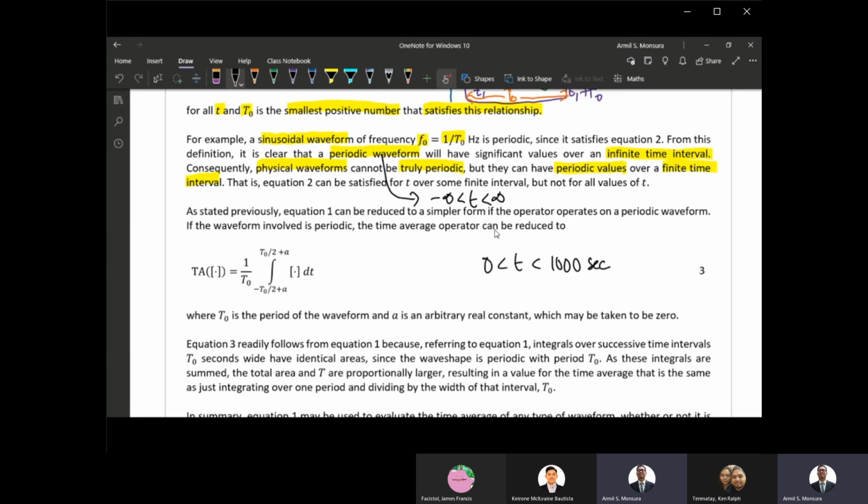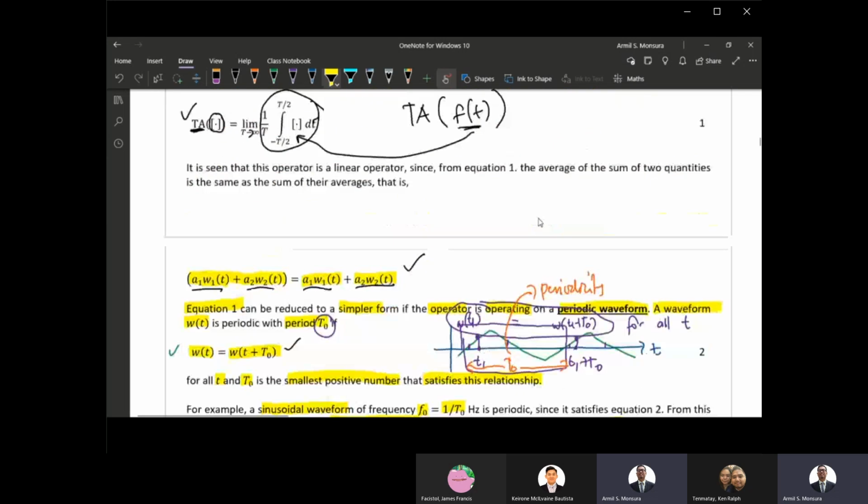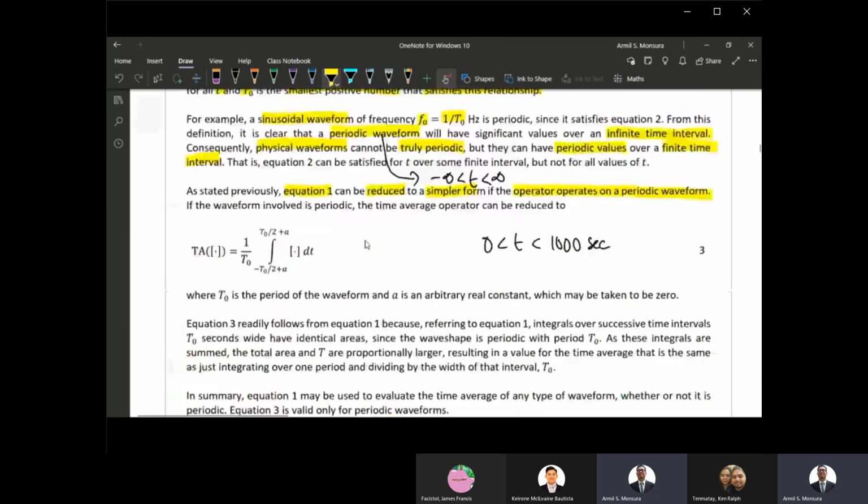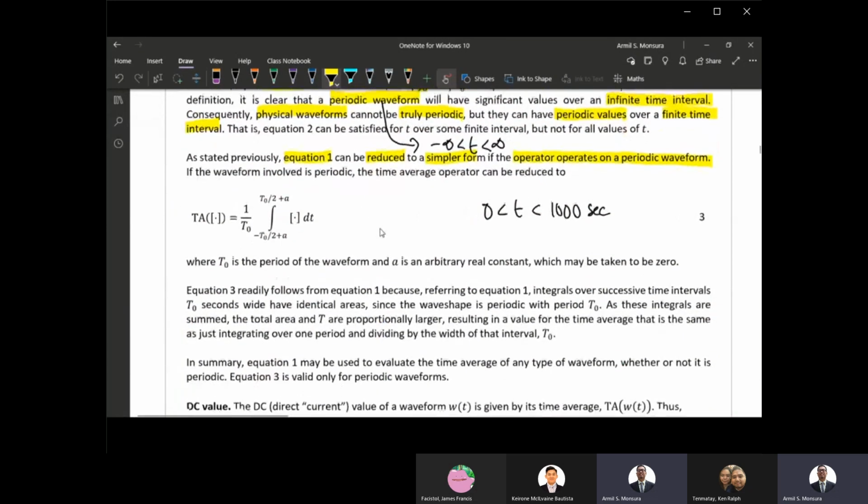So, ayan. Now, as we stated previously, equation 1 can be reduced to a simpler form if the operand is a periodic waveform. Okay? So, mare-reduce natin si time average operator if the operand is periodic. So, how would we reduce that? Okay?